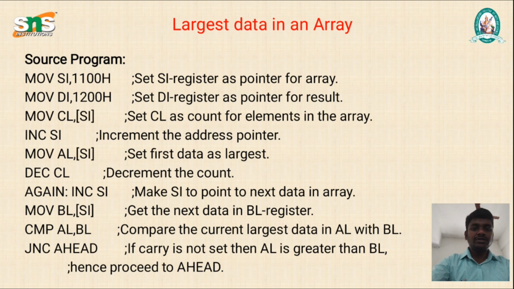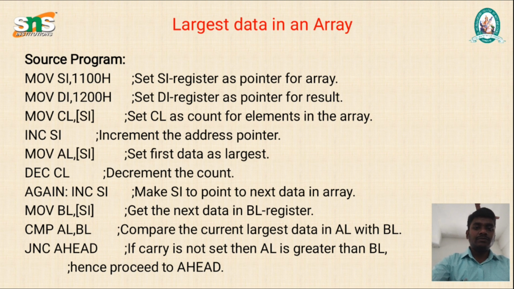In the first step, that is MOV SI, 1100, which means set the SI register as the pointer for the array. The SI register is pointed to 1100. This is for the array. For example, to take input values in the array, we are using 1100 as the location address.